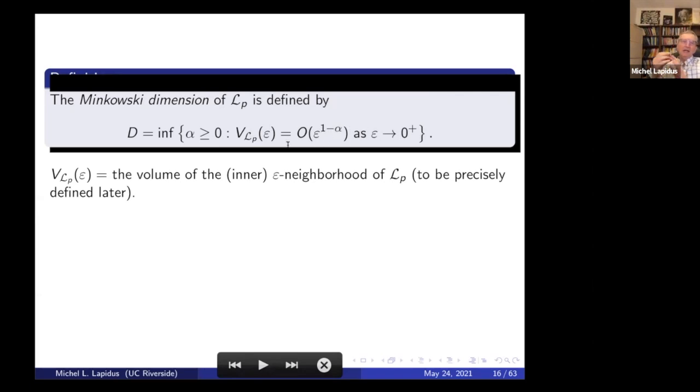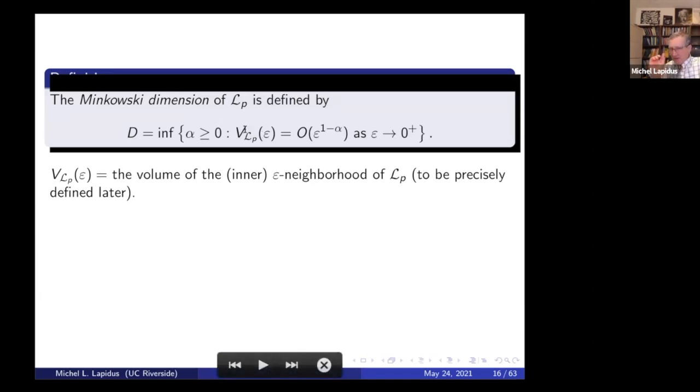So it says that the volume of the epsilon neighborhood, the set of points which are within a distance less than epsilon from your open set omega, defining your fractal string, so the volume of that epsilon neighborhood, that's VLP of epsilon.